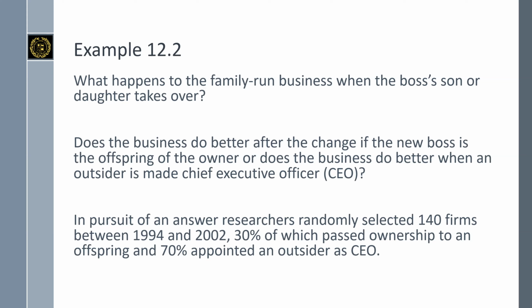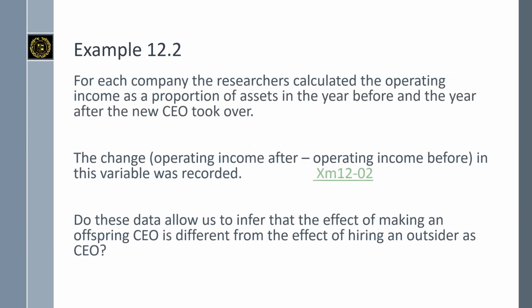So in pursuit of an answer, researchers selected 140 firms between 1994 and 2002, 30% of which passed ownership to an offspring, 70% appointed an outsider as their CEO. For each company, the researchers calculated the operating income as a proportion of assets in the year before and the year after the new CEO took over. So the change, the operating income after subtracted by your operating income before, was recorded.